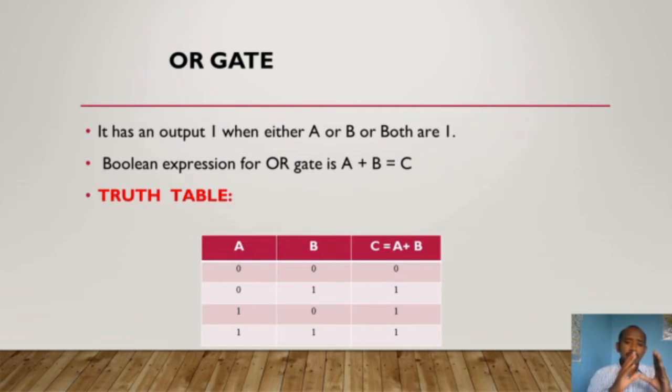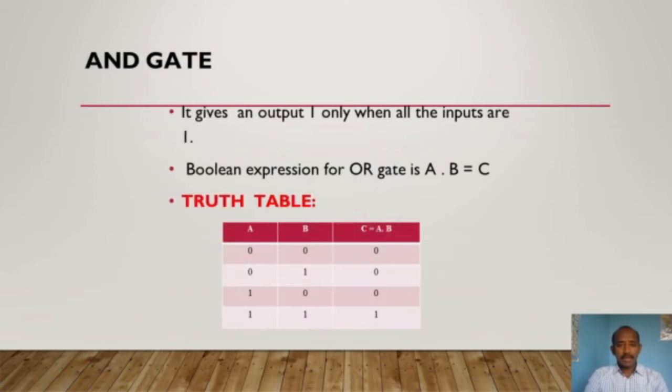If statement A is true and statement B is true, then the output will be true only. If both the inputs are off, then the output will be off only. If both the inputs are on, then the output will be on only. Like that we have to express this truth table. Whenever both the inputs are high, the output will be high in the OR gate.